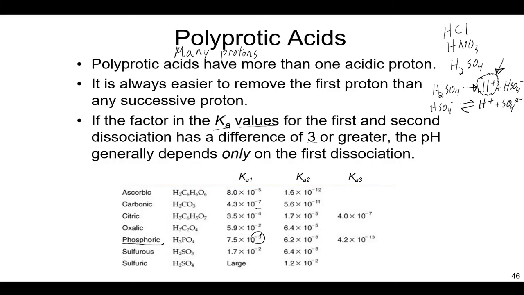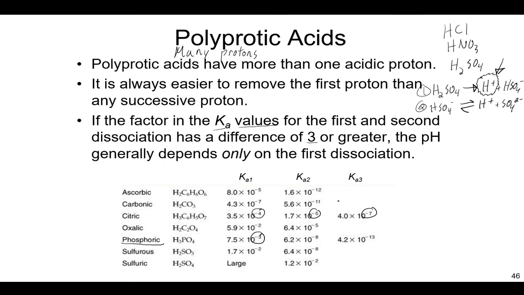Okay, citric acid here is -4, -5, -7. So these are close enough that you have to worry about each of these successive processes. So here there was 2 for this citric acid. You could write 3 for the first proton, the second, and the third of these 3 protons that you can make. And you would have to do multiple ICE charts and multiple ICE tables.